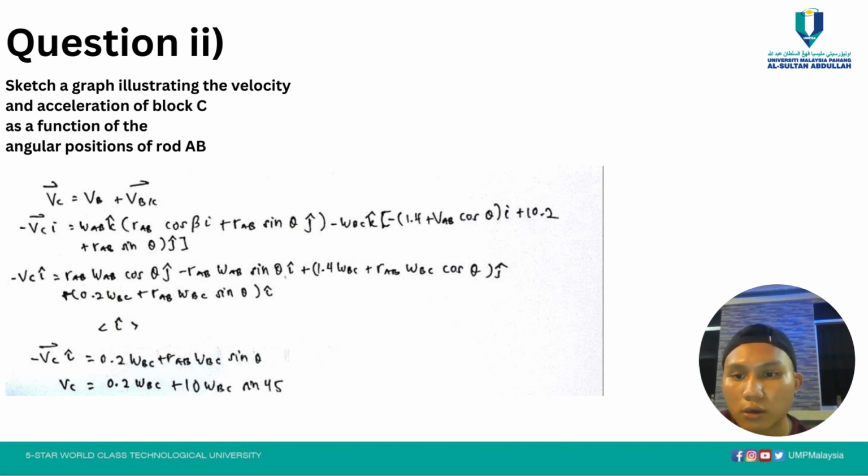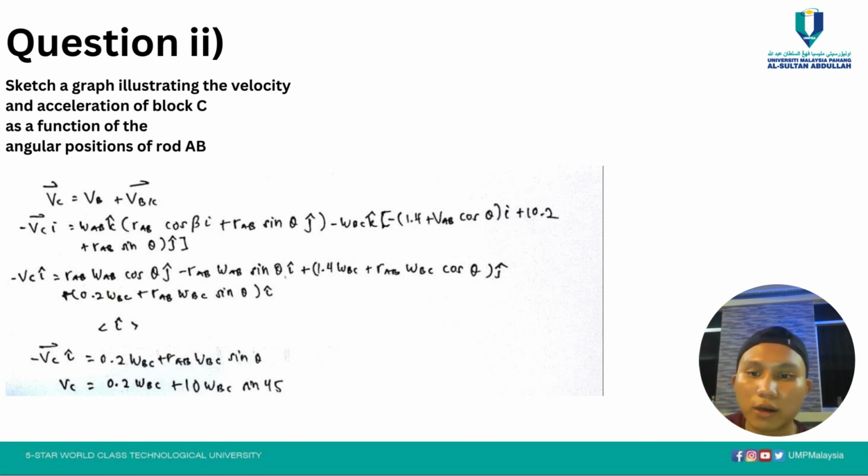First, we choose velocity C equal to VB plus VB with respect to C. Next, negative VC i hat is equal to omega AB k hat cross the bracket RAB cos theta i hat plus RAB sin theta j hat, minus omega BC k hat cross the bracket minus 1.4 plus RAB cos theta i hat plus 0.2 plus RAB sin theta j hat.